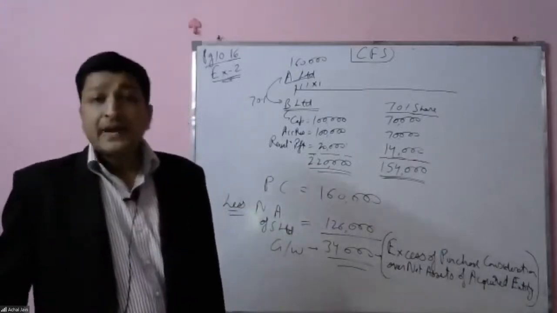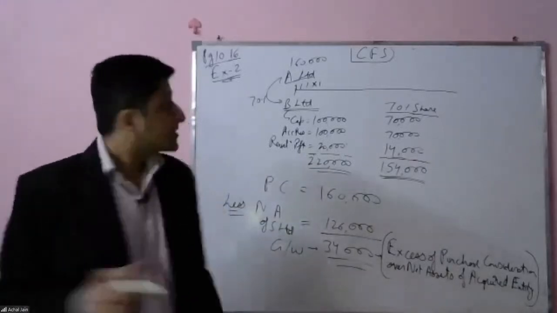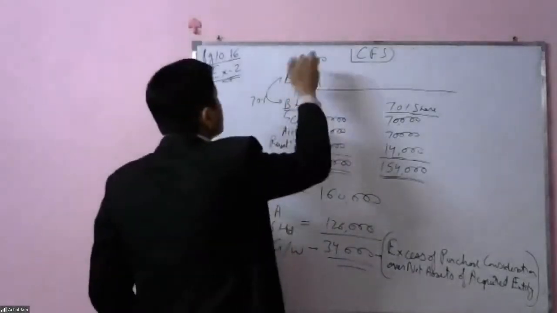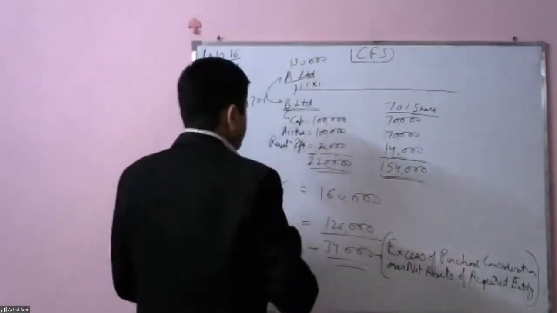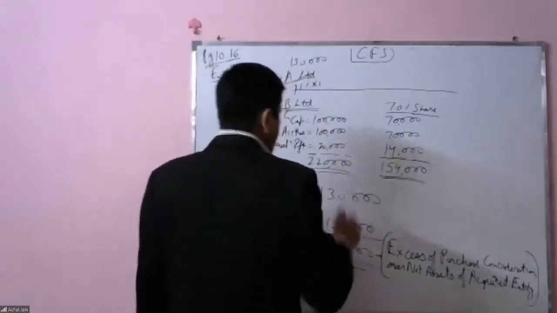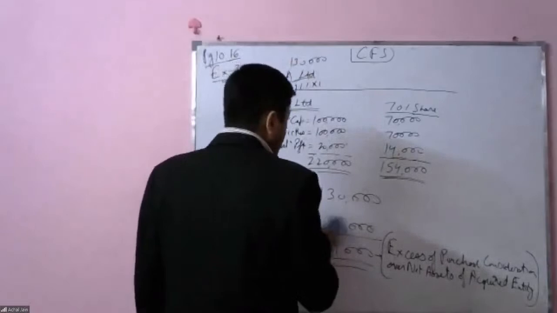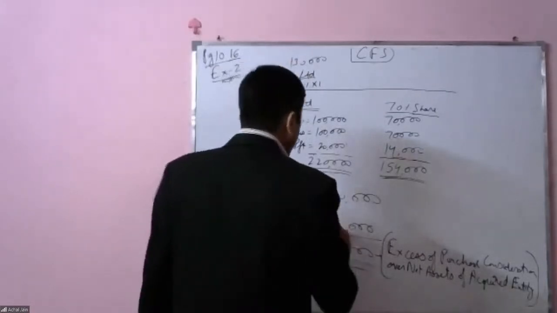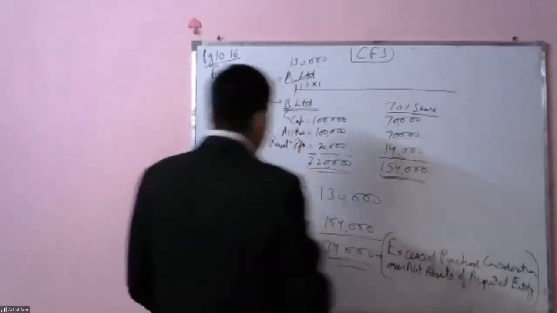A Limited paid 1,30,000 to purchase the said interest. Now instead of 160, it's 130. So in this case, we have purchase consideration of 130 and this is 1,54,000.